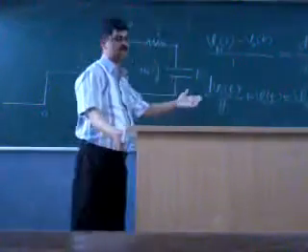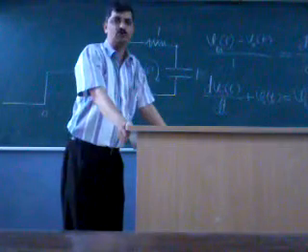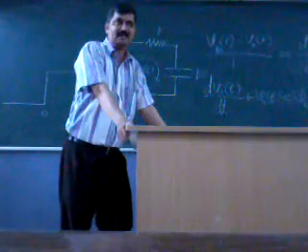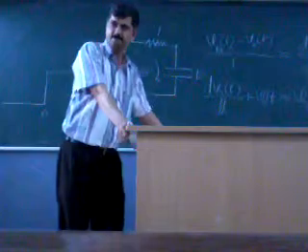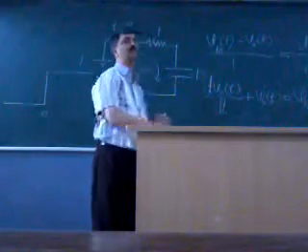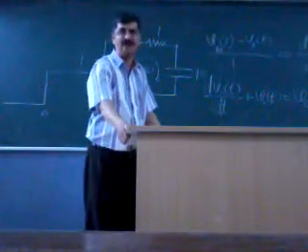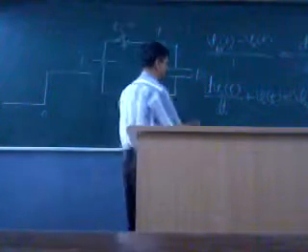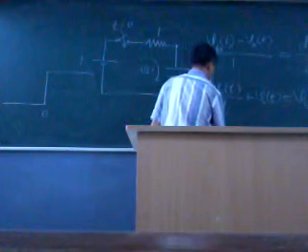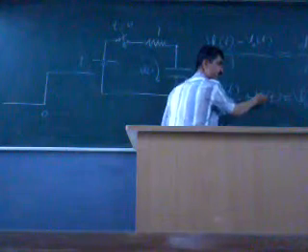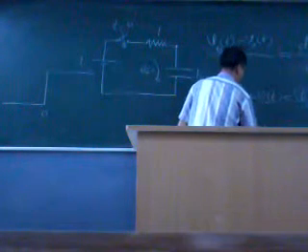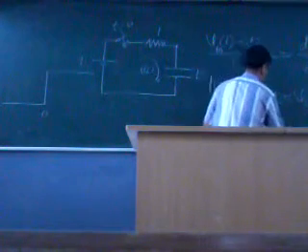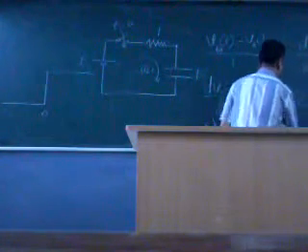Then we take the Laplace transform for the entire thing. We do not know Vo(t), but its Laplace transform would be Vo(s). Its derivative, the Laplace transform of dVo(t) by dt, would be s into Vo(s), plus Vo(s) is equal to Vin(s).